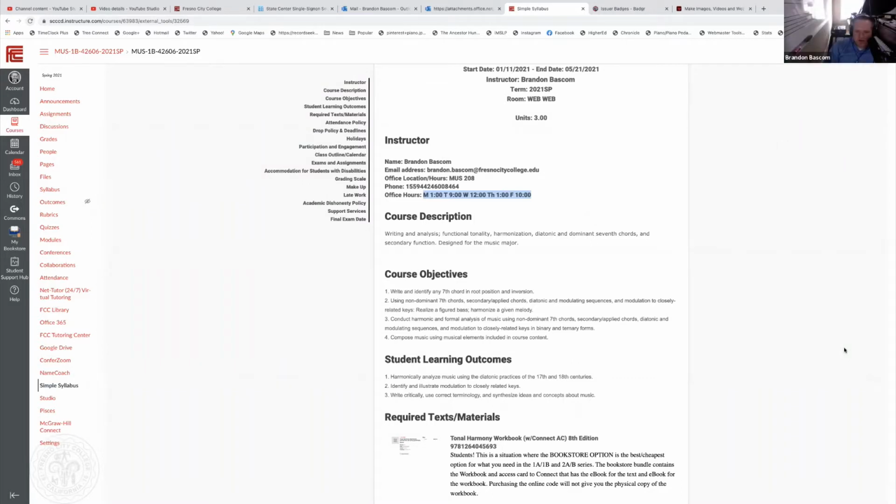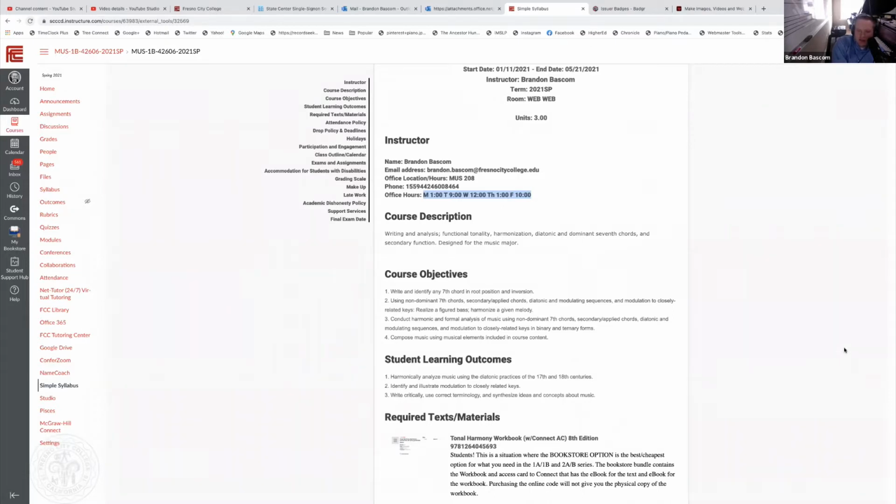Using non-dominant seventh chords, secondary applied chords, diatonic and modulating sequences, and modulation to closely related keys, realize a figured bass, harmonize a given melody, and conduct harmonic and formal analysis of music using non-dominant seventh chords, secondary/applied chords, diatonic and modulating sequences, and modulation to closely related keys in binary and ternary forms. Course objective number 4, compose music using musical elements included in course content.